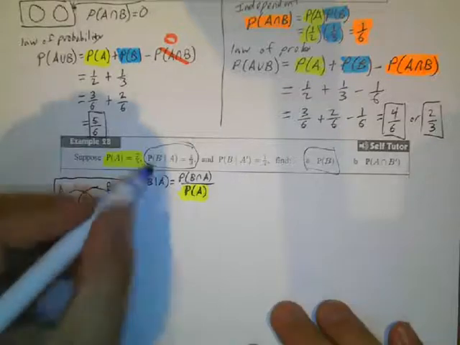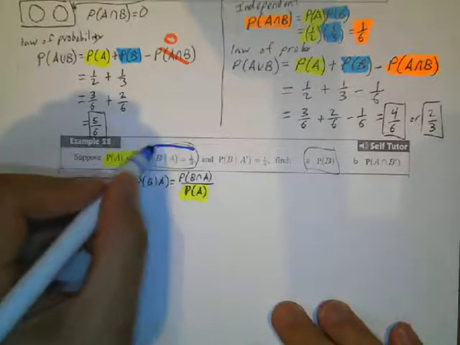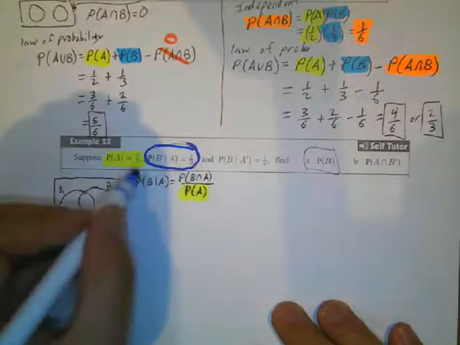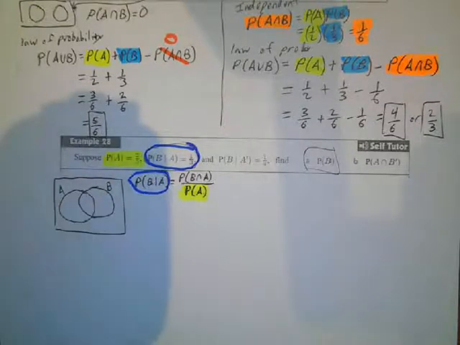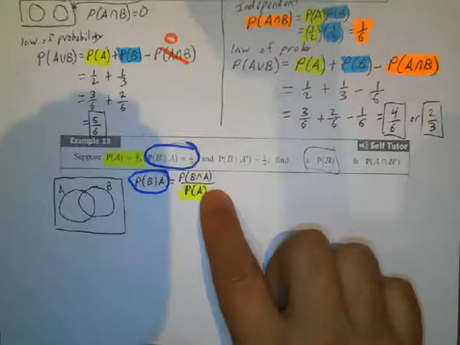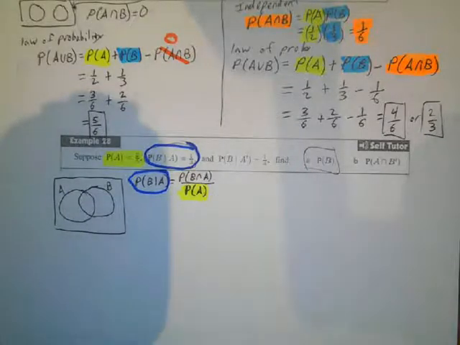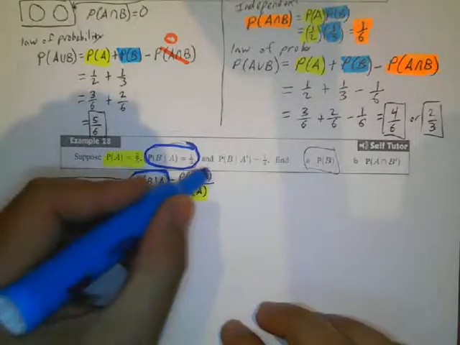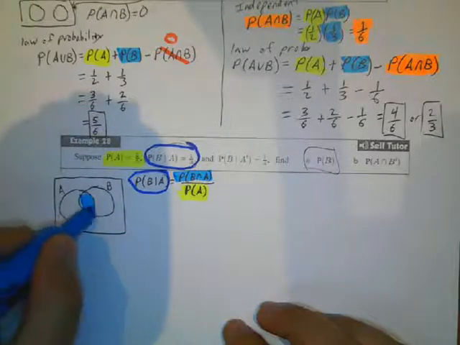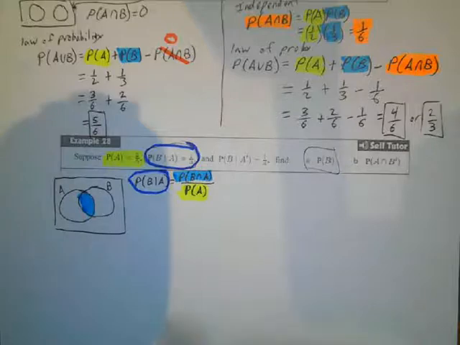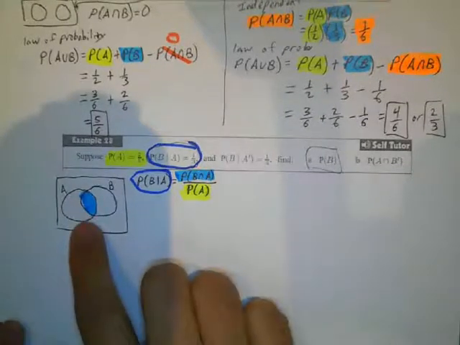We know that this right here is 1/3. So this intersection here, A intersection B, that's going to give us this right here. Okay, so we're going to rearrange it to solve for the light blue value.